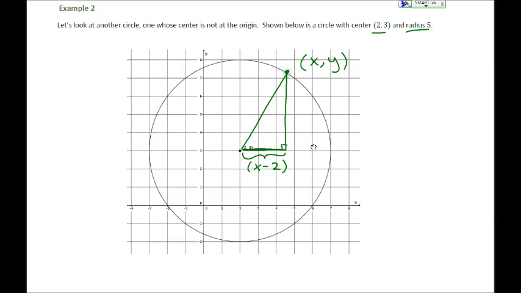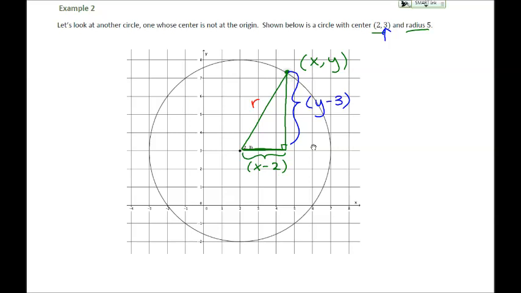Similarly, this height here, the vertical height of our triangle, will be y minus 3. The 3 comes from the y coordinate of my center point. And again, I will have a radius of r because that's the hypotenuse of this right triangle.